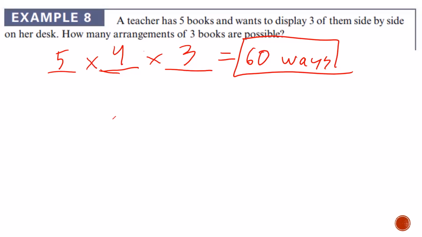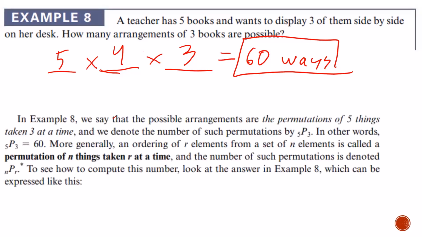So this is also called a permutation because it's ordered, but you say it differently. The way this book says it, it says 5 things taken 3 at a time. I don't like that because it implies that I'm repeatedly choosing 3 objects. That's not really right. What it really means is I am permuting, right?